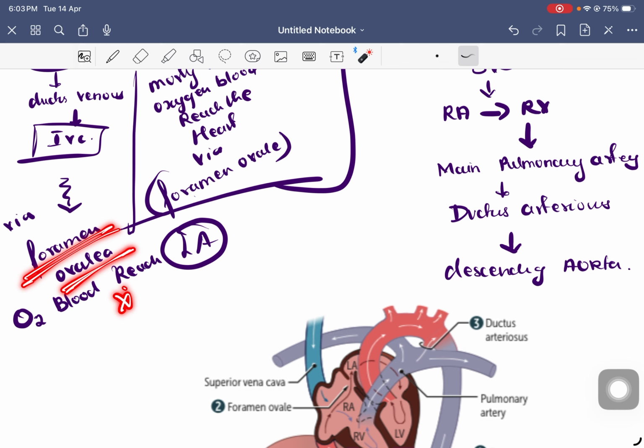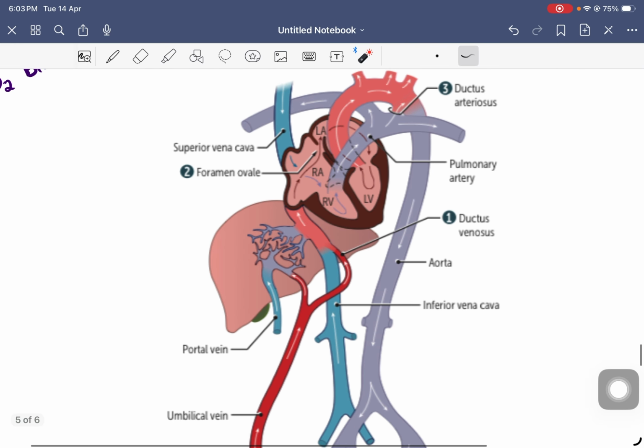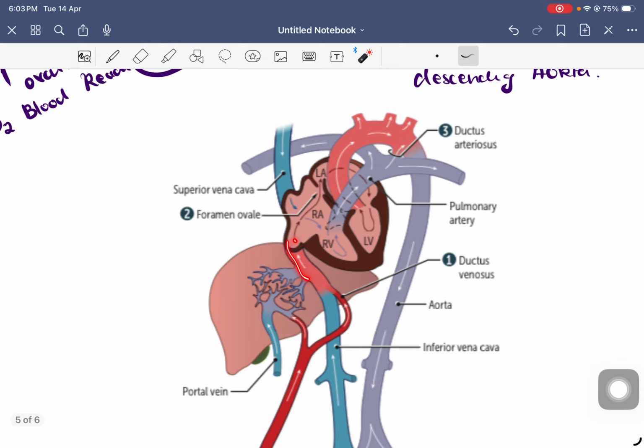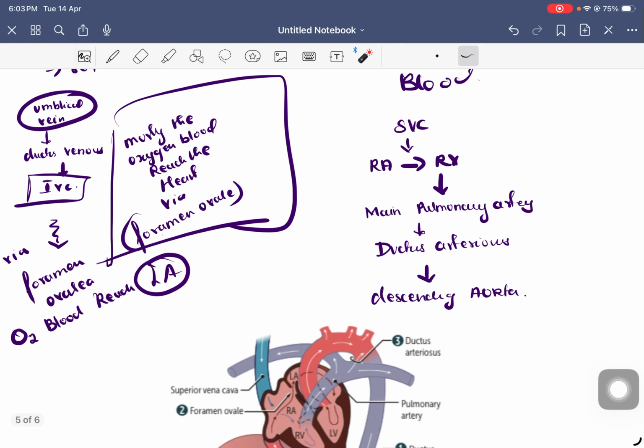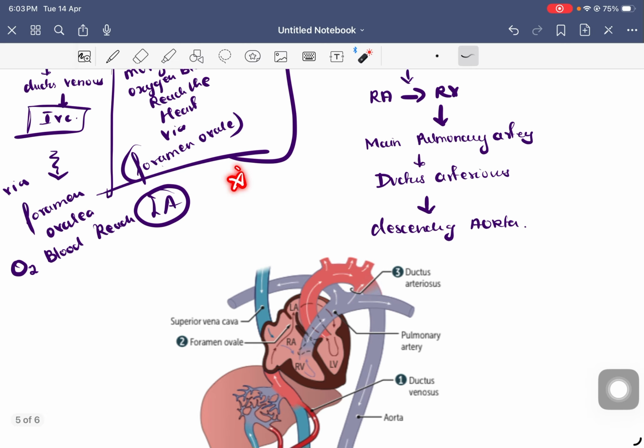Via the inferior vena cava and the foramen ovale, the oxygenated blood will reach the left atrium. Follow this chart. This is one of the most important points to remember.